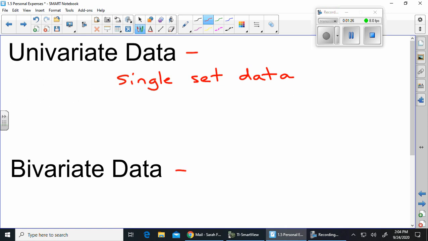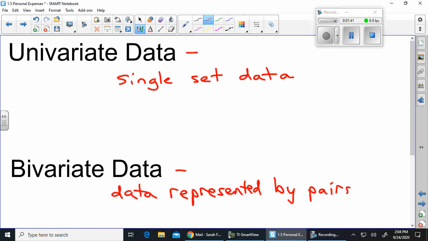Bivariate data is going to be data represented by pairs of numbers, which really gives us ordered pairs that we can then plot on a coordinate plane.